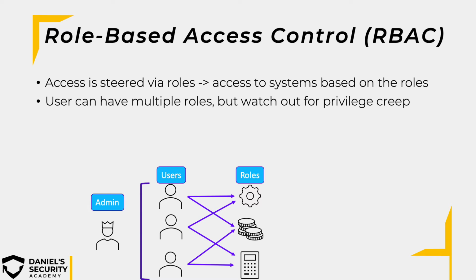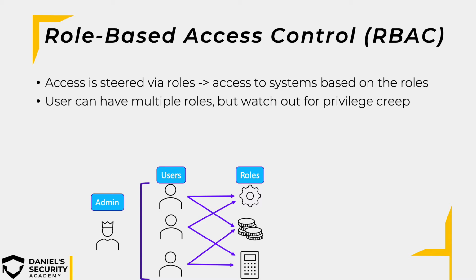And by doing this, you need to watch out for the so-called privilege creep. Privilege creep mainly describes the problem when users move within the company from one position to another. Let's say an accountant wants to become a network engineer because he thinks, okay, my time with the numbers is over, I want to do some network magic.